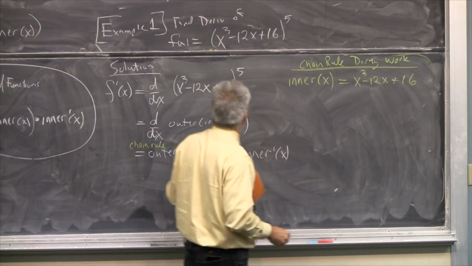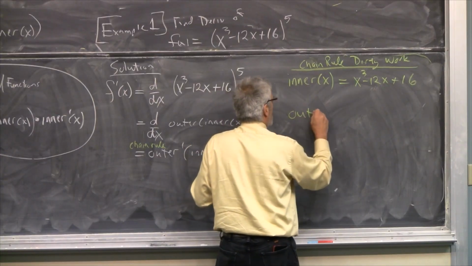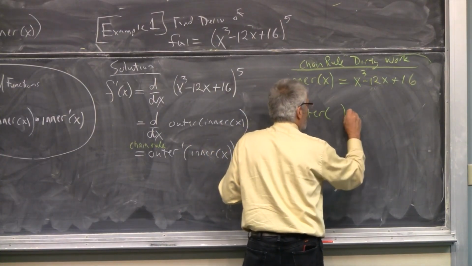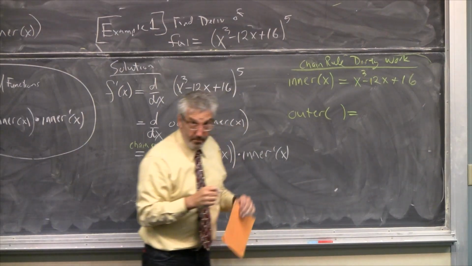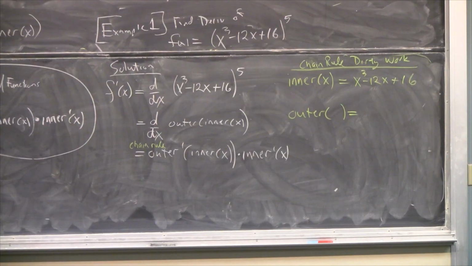Now, skip a line here. I want to write down my outer function. My key to solving chain rule problems is that the outer function I always write as an empty function. So I'm not going to write outer of x, I'm going to write outer of parentheses. So who can tell me what the outer function is as an empty function?